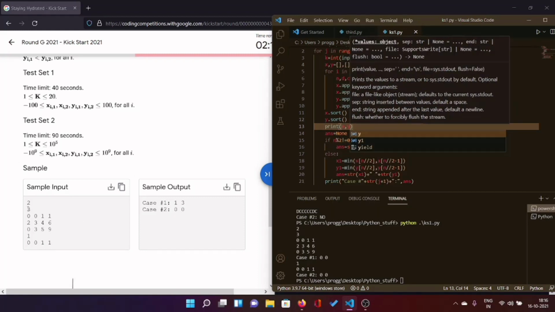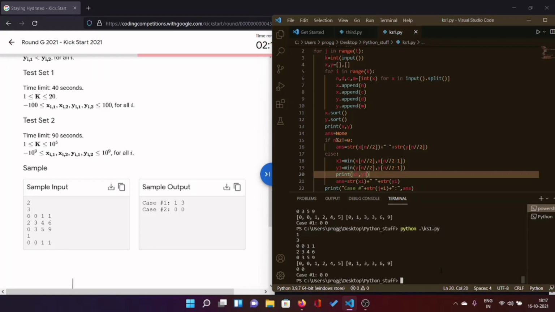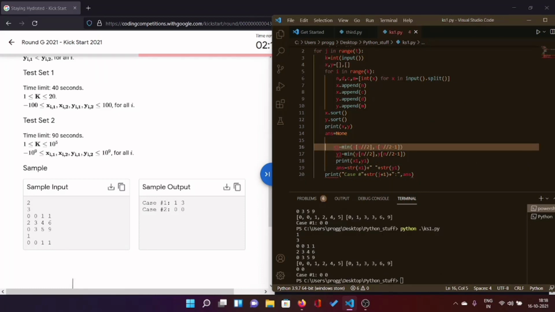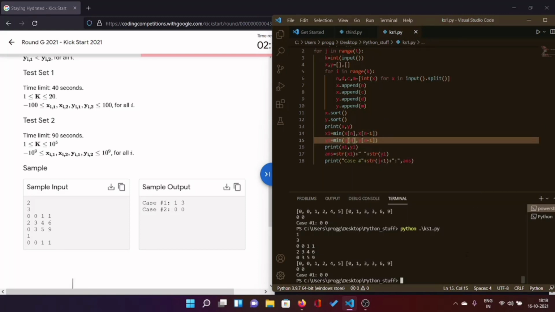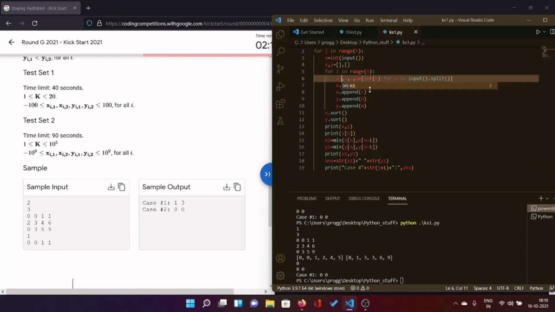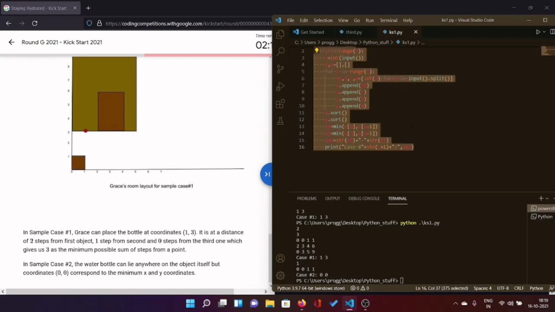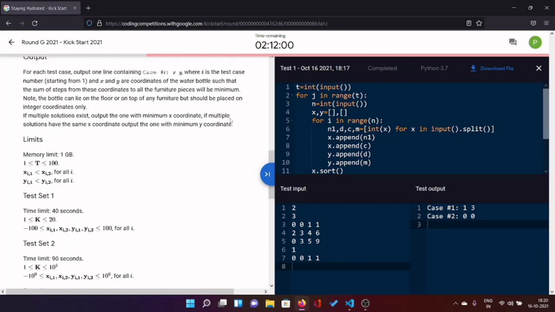So the approach should be to find the minimum of the nth and n minus 1th element of all the coordinates which have been given for x and y.